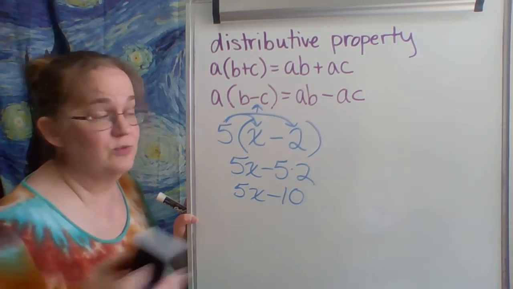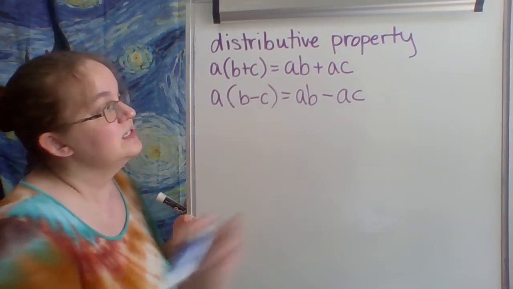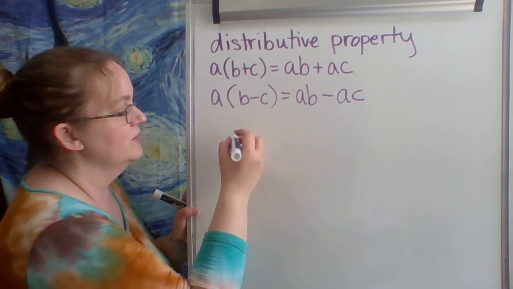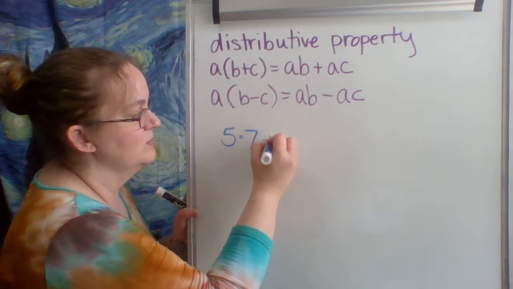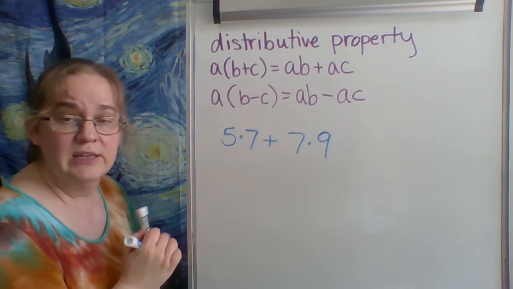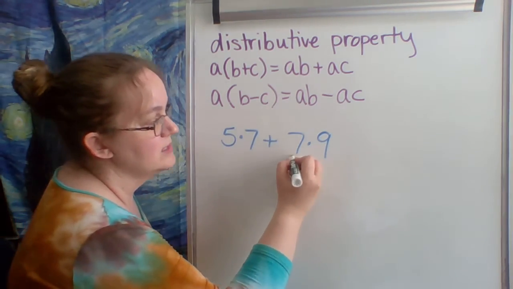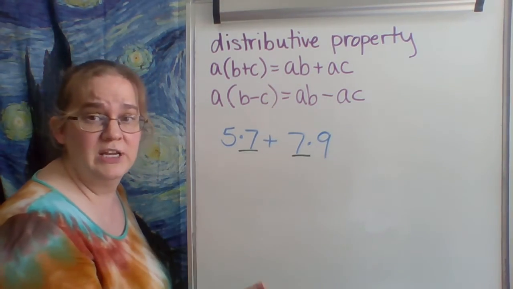You may see some in reverse, meaning that you see this part and you're expected to write this part. So if I see something like, for instance, 5 times 7 plus 7 times 9, well, when you're looking at that, what number is common to both products? 7 is in this product, 7 here in that multiplication problem.